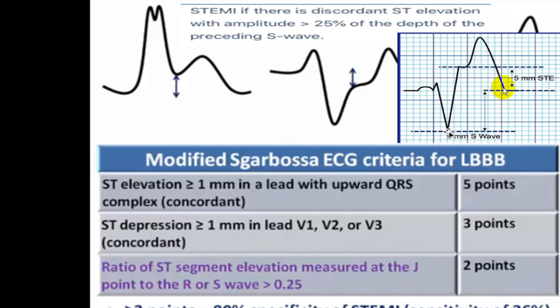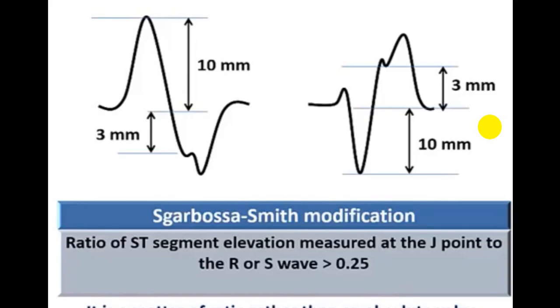Say here this is 5 millimeter elevation, and say this is 1, 2, 3, 4, 5, 6, 7. Almost it is more than 0.25, so it is in favor.